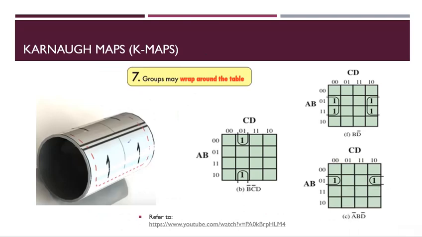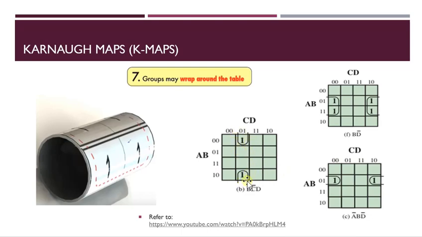The last rule when we do the grouping is that a group may wrap around the table. This means that the horizontal ends can be wrapped together, and the vertical ends can be wrapped together, to do the grouping.